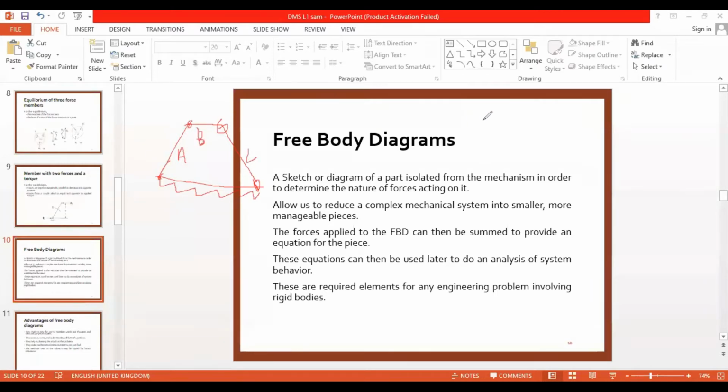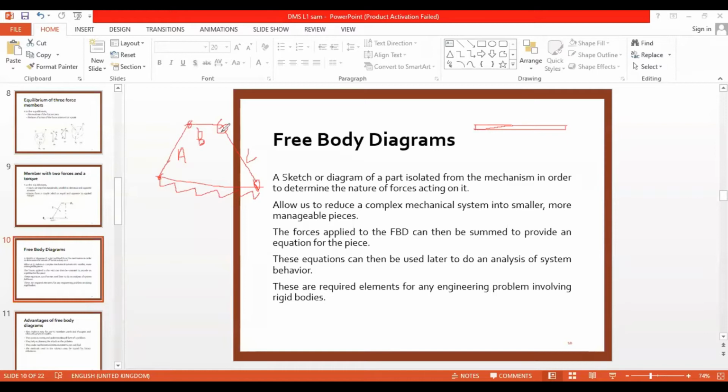If I ask you about the equilibrium of point B, what you have to do is break that B and isolate it. Isolate this B point. You know this is a pin joint, and this is also a pin joint.